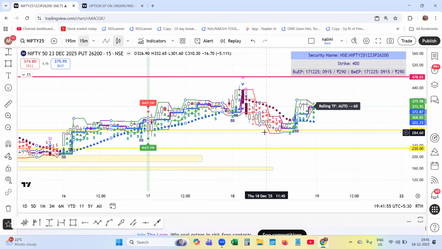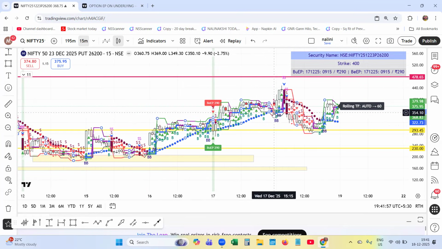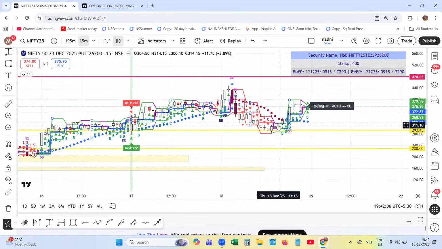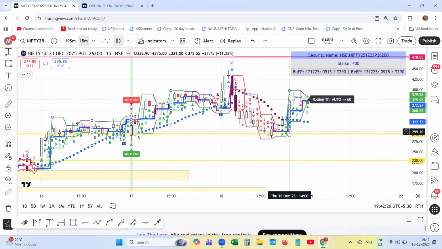Every step you are getting a reference point, you can hold this. Today, the market came down to this level, and it acted as support. When the price started staying above the 290, keeping this EP level as reference point, with the rolling pivot you could have entered into the put option today on an intraday basis after 12 p.m. and made money.